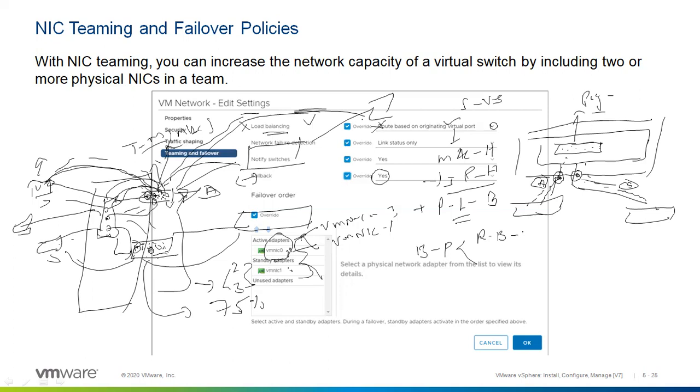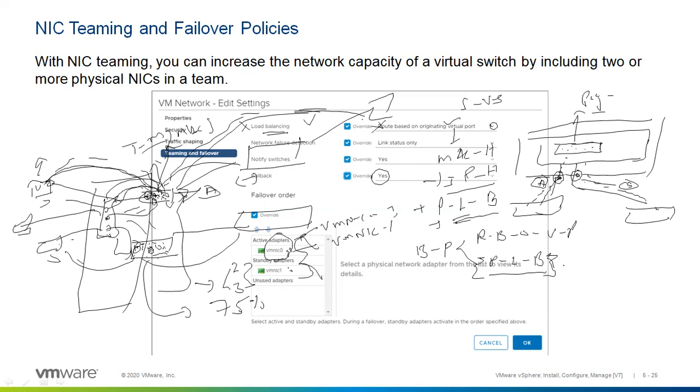Sometimes this physical network port A may be so busy that it is possible for traffic to come from B. That is only when we set the physical NIC load balancing option.